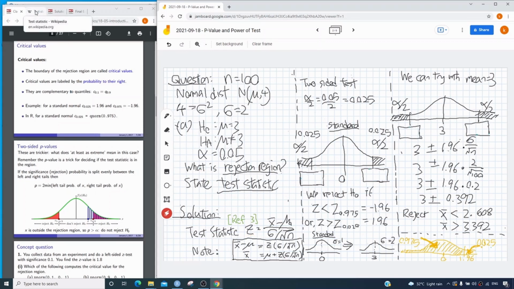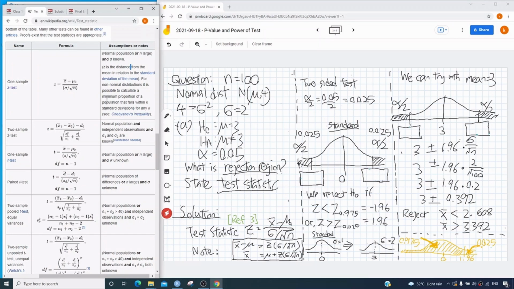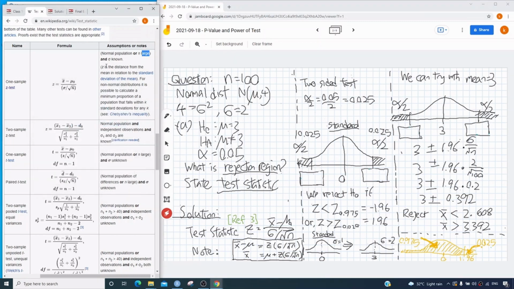Okay, so let's go to the reference. Over here we are using Z equals x bar minus mu over sigma divided by square root of n. There are some assumptions here. This has to be a normal distribution like what the question mentioned, and n is large and sigma is known, so we were given sigma as 2.